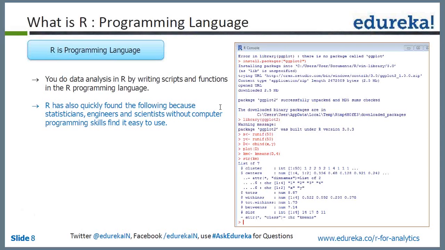Open source provides advanced graphics, and it can connect to many data sources. And disadvantages, there's no dedicated support for R, but there is a strong community available that serves well.